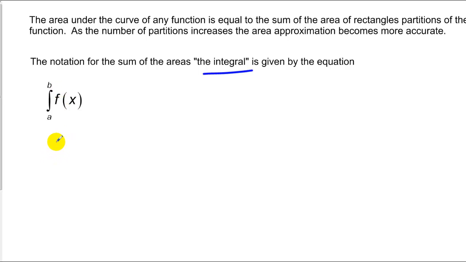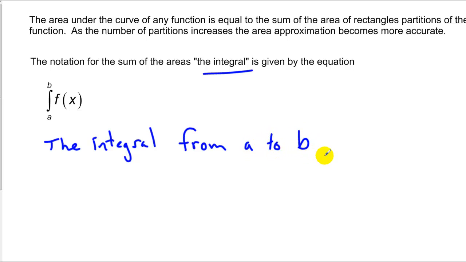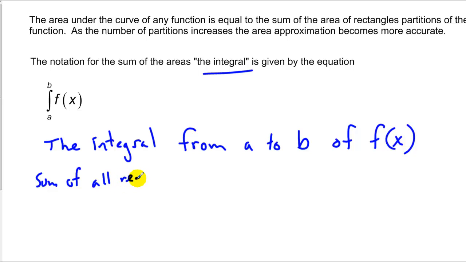Notation for the sum of the areas, or the integral, is this following equation. This states the integral from a to b, that's your interval, of f of x. So basically it says the sum of all rectangles from a to b.